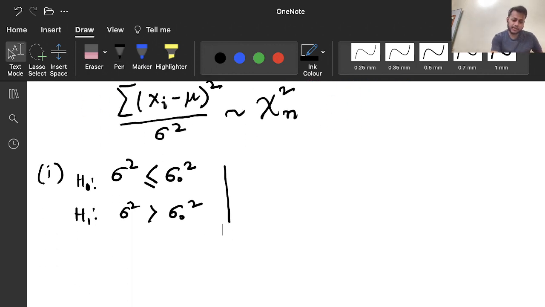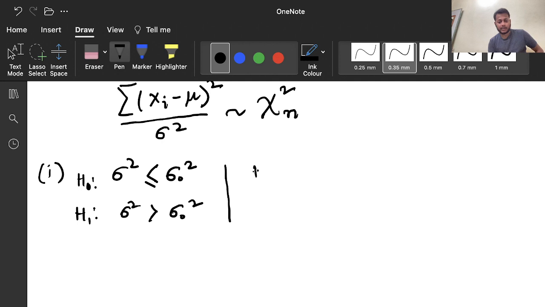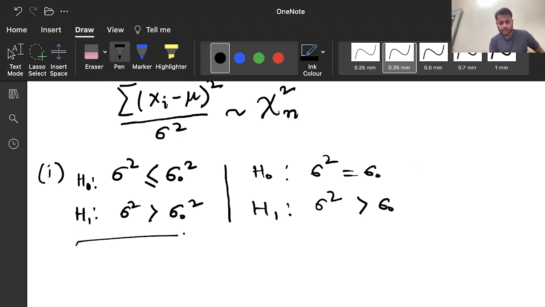As we have discussed previously, if the alternative hypotheses are the same, we use the same test for rejecting the null hypothesis for both cases.